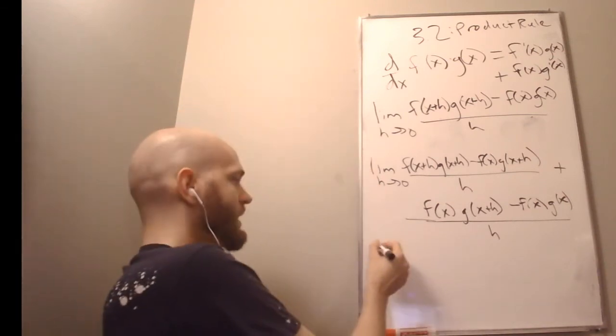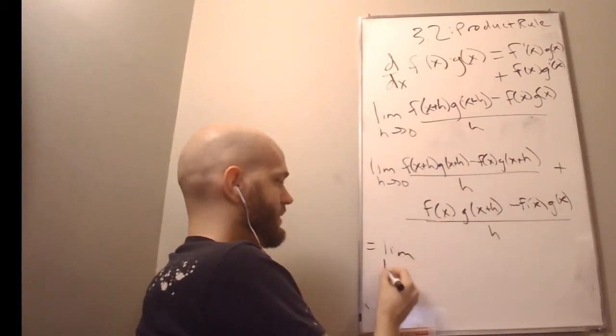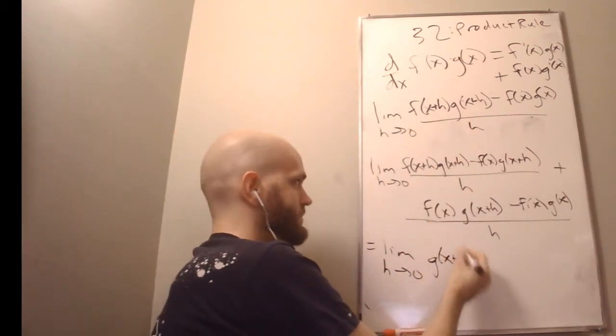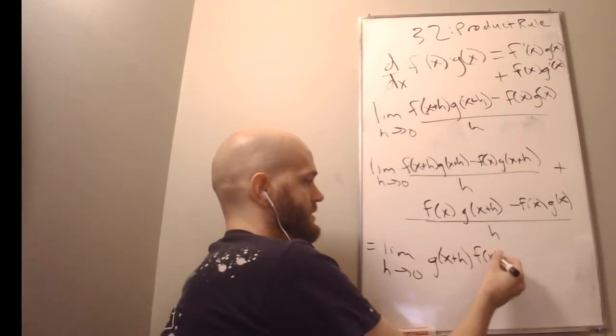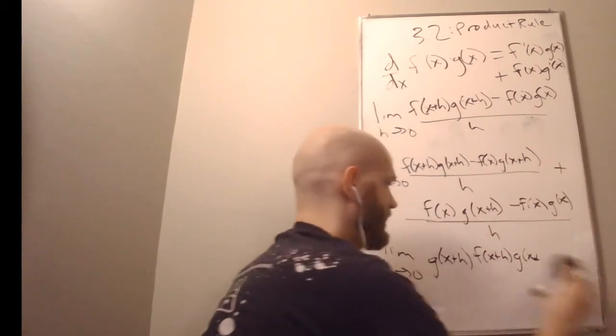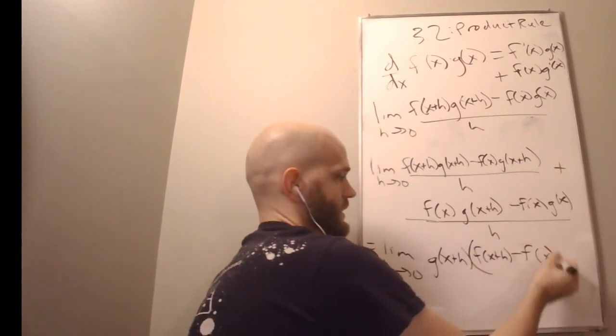Now you might say, why did I do that algebra? Because now I can suddenly factor something out here. I can factor out the g of x plus h, and I'll have f of x plus h minus f of x, right?